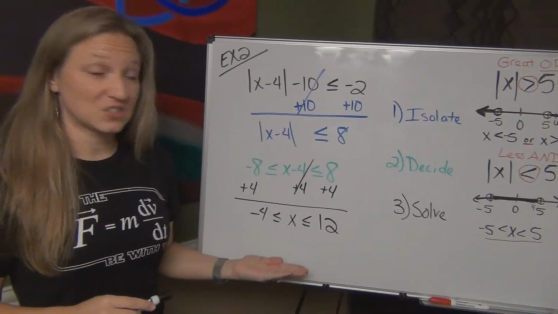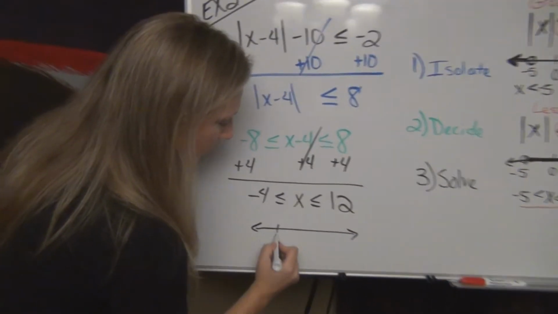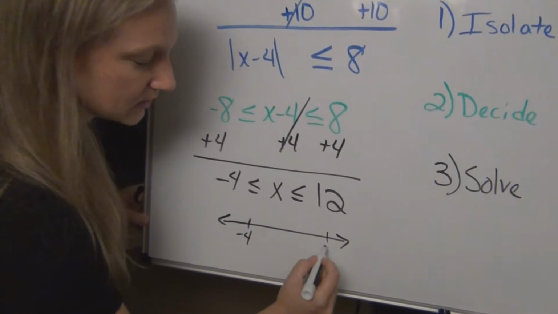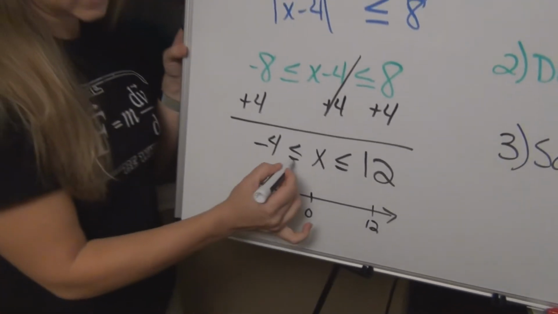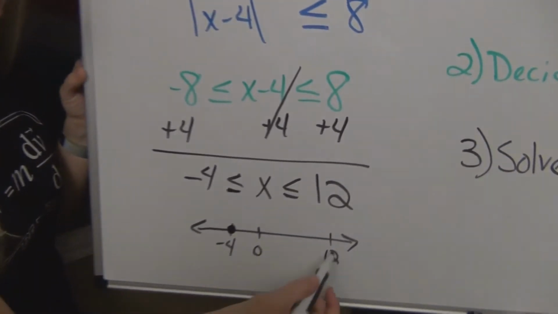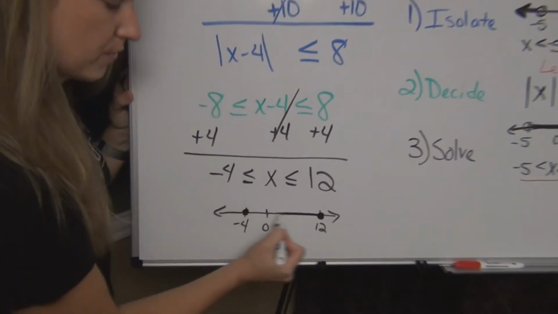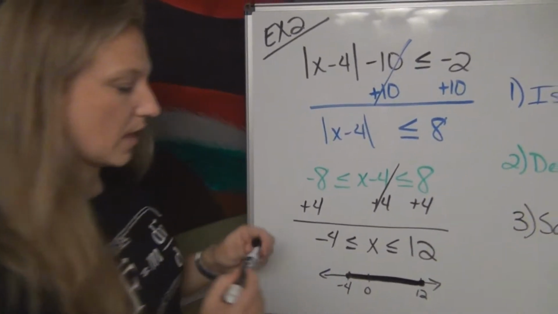So I now have my solution and I can graph it on a number line. My solution is everything between negative 4, and notice it's equal to this time, so that is a filled in circle. So negative 4 is part of our solution, as well as 12, and everything in between is also a solution to this inequality.